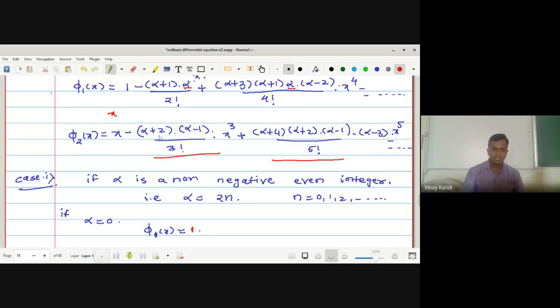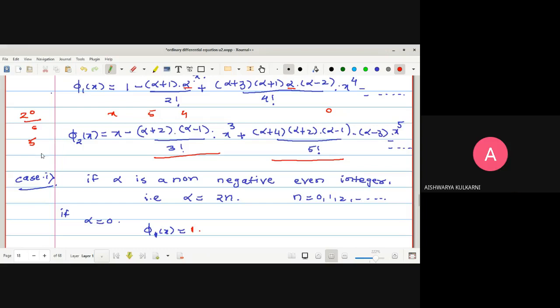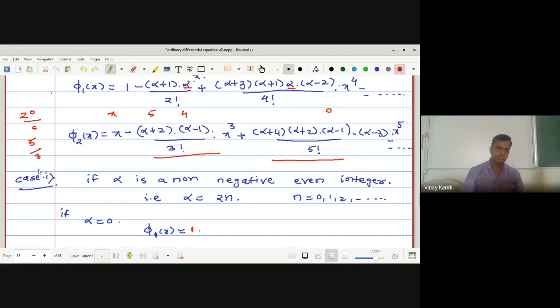Okay, 3 plus 2 is 5, 3 minus 1 is 4, so 20 upon, and this term is 0, and the next terms are 0. 20 upon 6, that is 5/3.